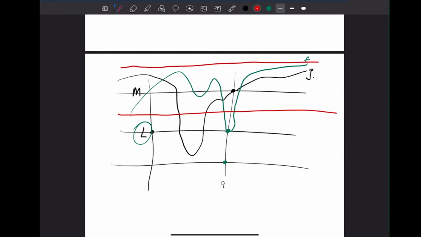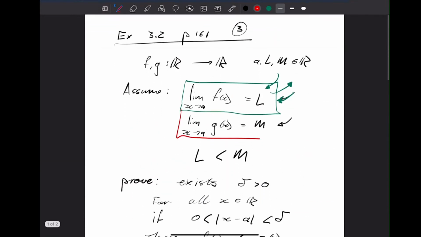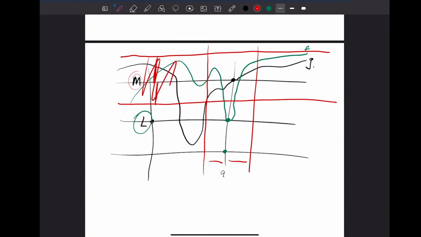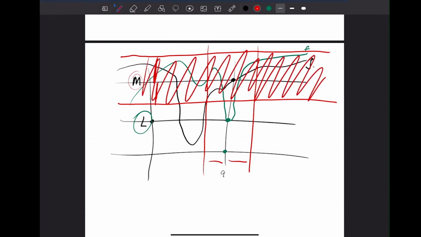So we take an interval around m with this radius, and then this assumption says that there exists a delta, so that if we are within a delta distance of a, then our function values for g all lie within this interval around m.